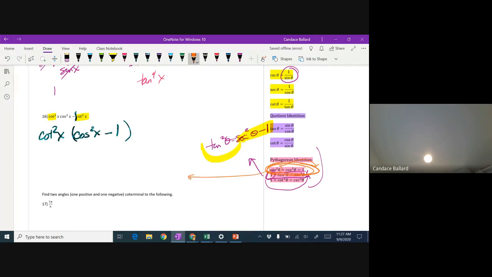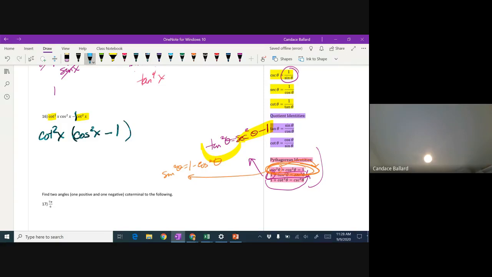So I'm not subtracting the right thing. I'm supposed to be subtracting cosine over, not sine. So sine squared theta equals 1 minus cosine squared theta. This one's a little bit trickier, okay?